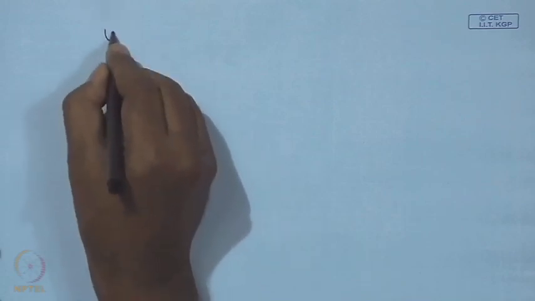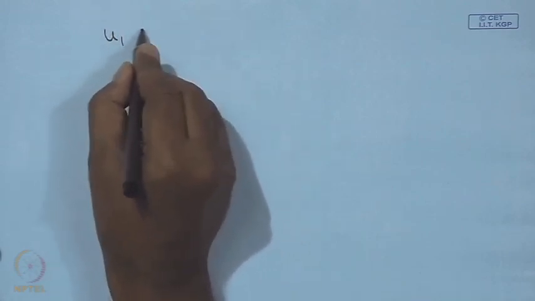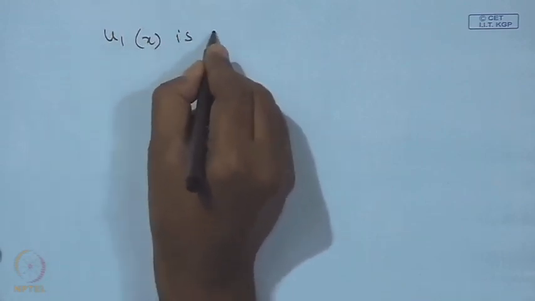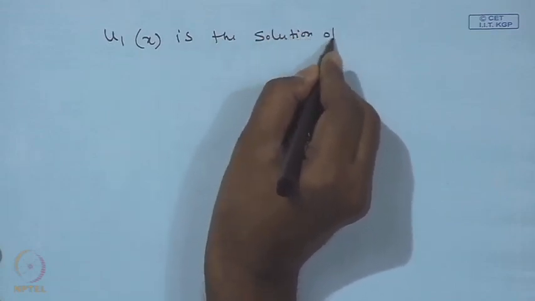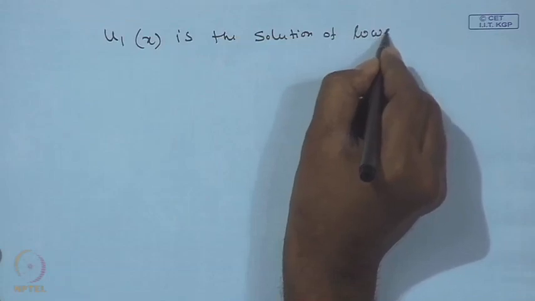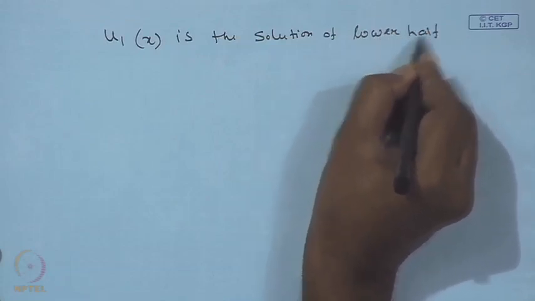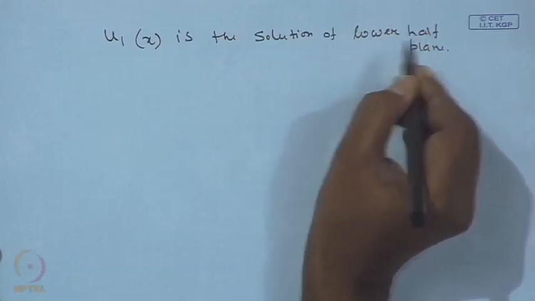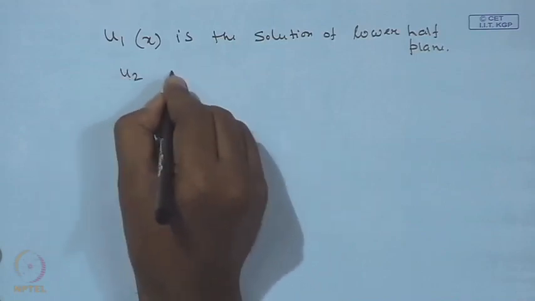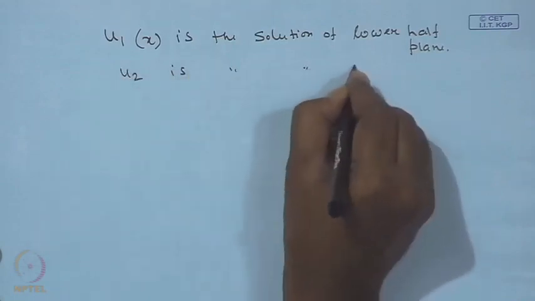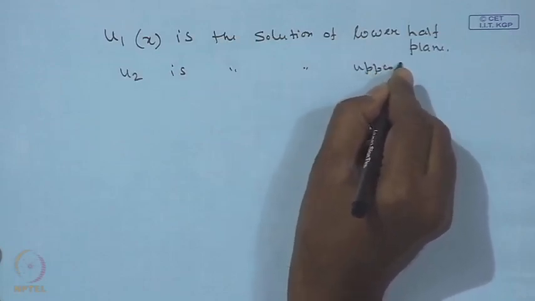So, u1 x is the solution of the lower half plane and u2 is the solution of the upper half plane.